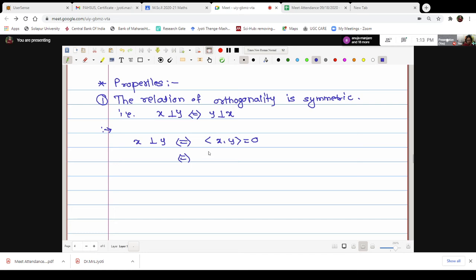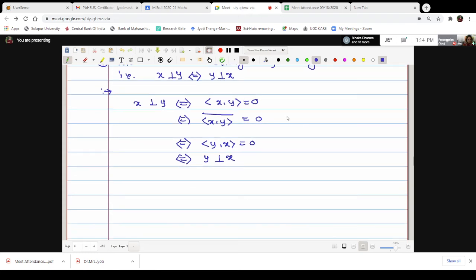Let me take conjugate on both sides. The conjugate of inner product xy is equal to 0. On the right, 0 bar is 0 itself, so there is no change. The conjugate will be inner product of y with x is 0, which gives us y is orthogonal to x. What is the reason here? Taking conjugate.